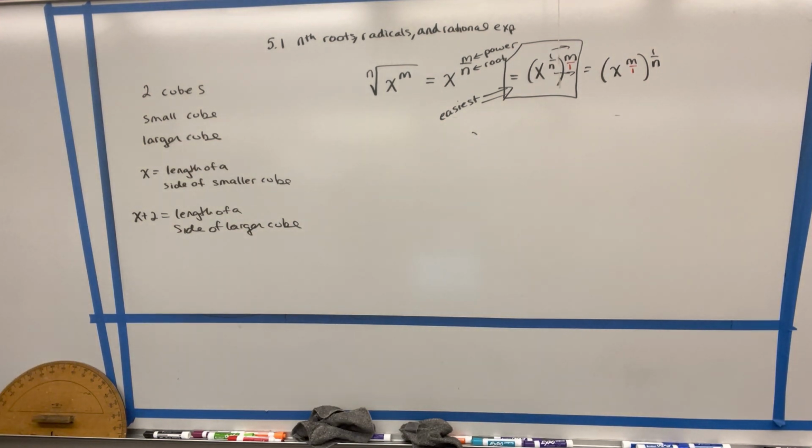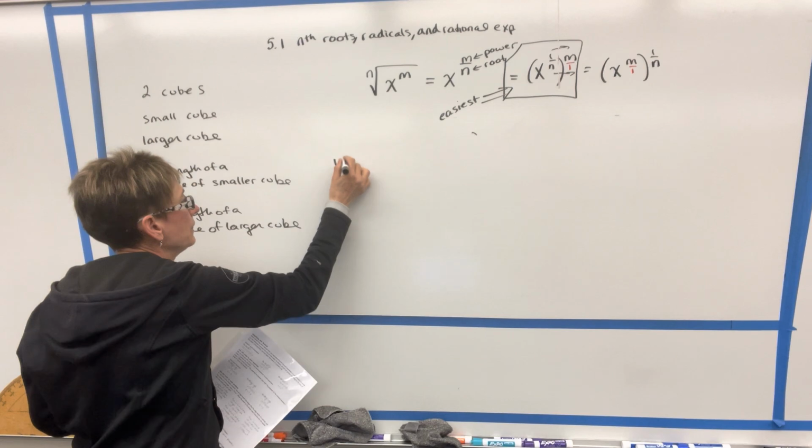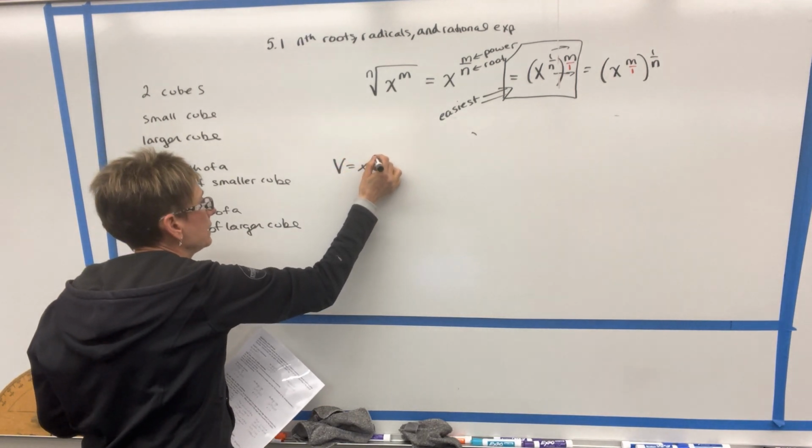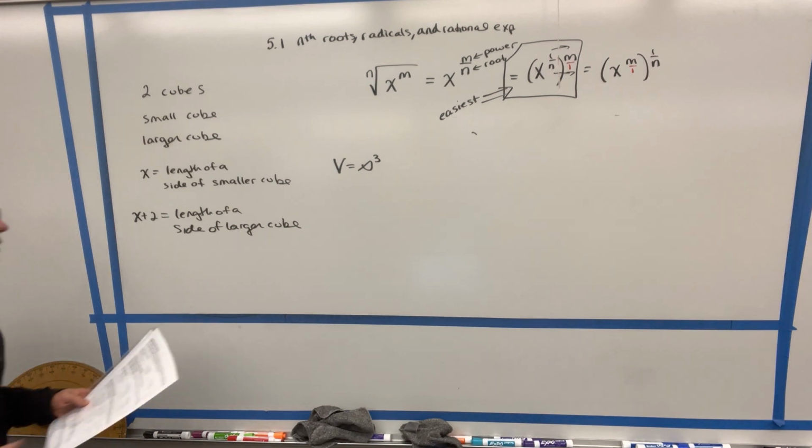And we are told that the volume of the larger cube is 729. So I know if I have a cube that the volume is side cubed. It's length times width times height, but because the length, width, and height of a cube are all the same, it is just side cubed.